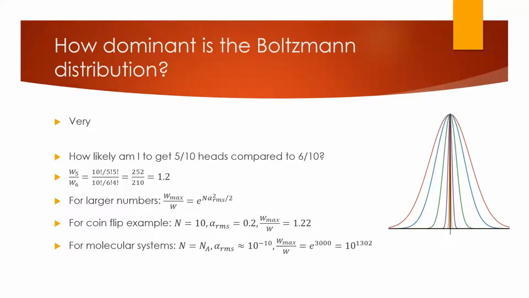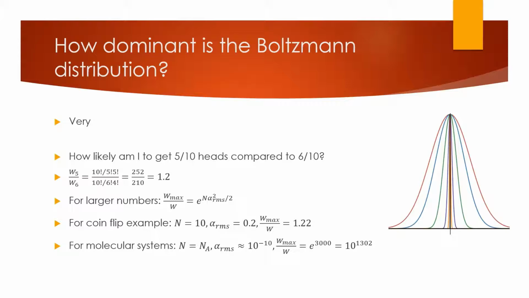And to put this kind of large number into perspective, right? What does 10 to the 1,302 mean? Well, if we want to compare this to time, we can go on our calculators and take the estimated age of the universe at 14 billion years or whatever it is, and then multiply that out to figure out that there's only been about 5 times 10 to the 26th nanoseconds in the universe.